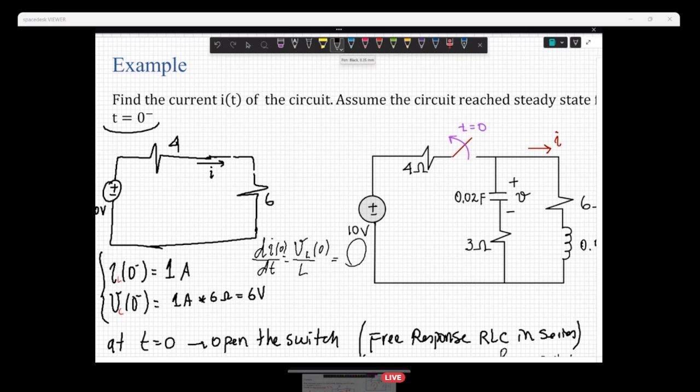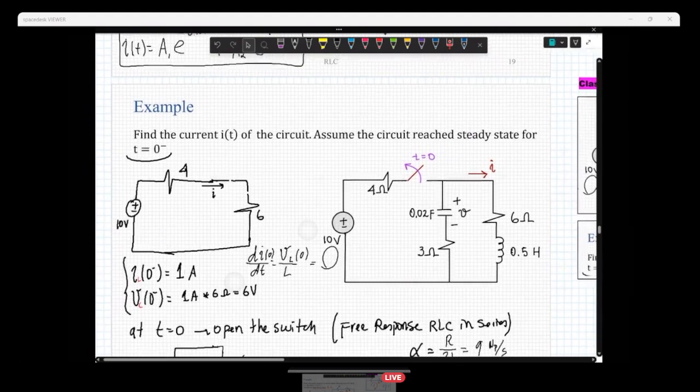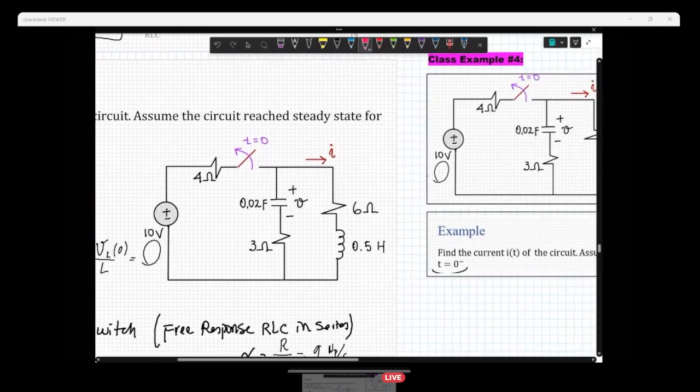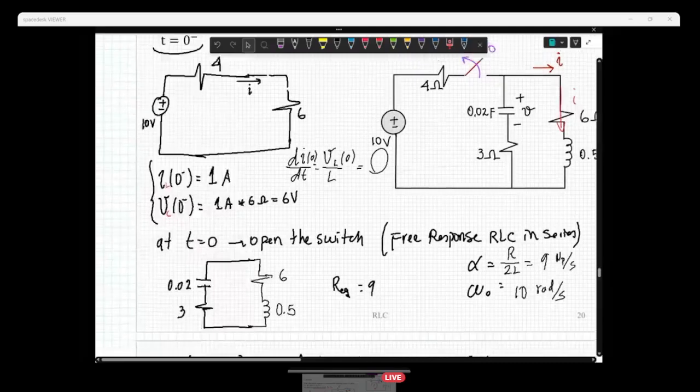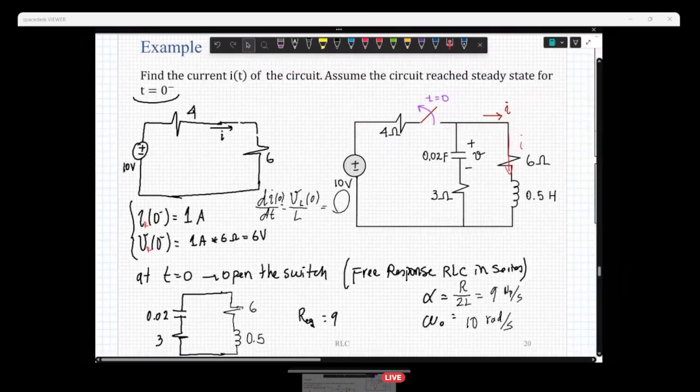Oh, wait. Find the current of the circuit. Oh, for the resistor. My bad. This is i, so that means this is for the resistor. So VR, once you know the current, you just multiply the resistance by the current, which gives you the voltage of it.